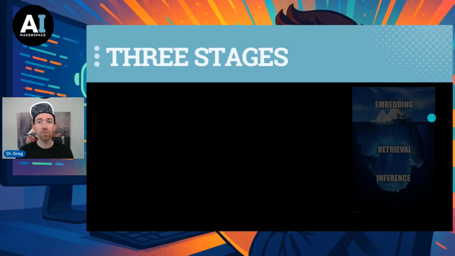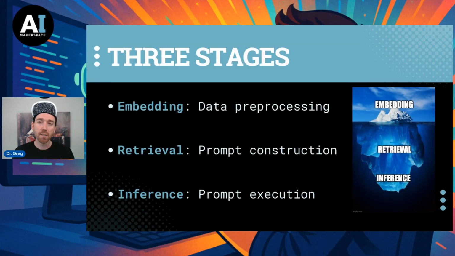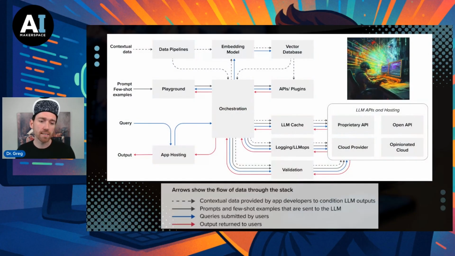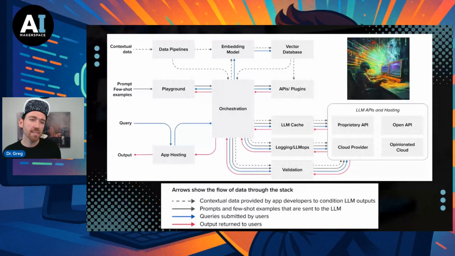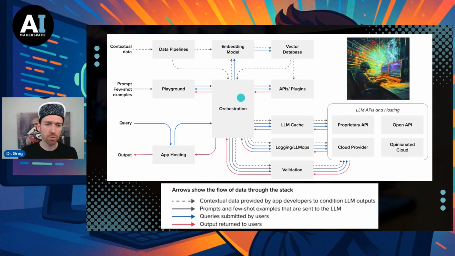And while you can look across this stack and focus on embeddings and retrieval and how to do inference and how to do monitoring and how to do logging and how to put on guardrails and how to do all this different stuff, we actually don't need to focus on very much of that to get started. This is the stack visualized, and you can see that in the center we have some way to do this orchestration.